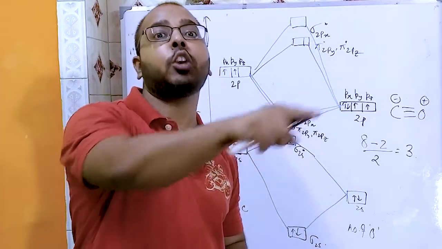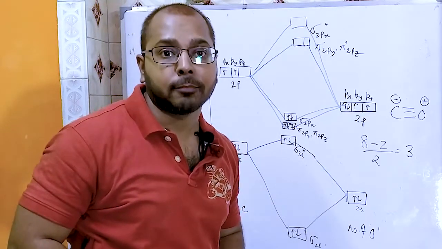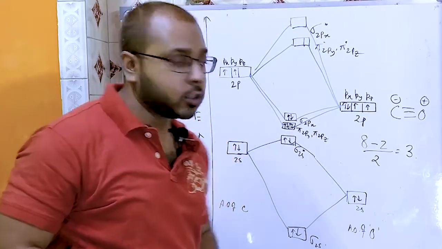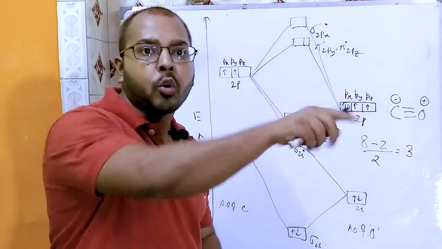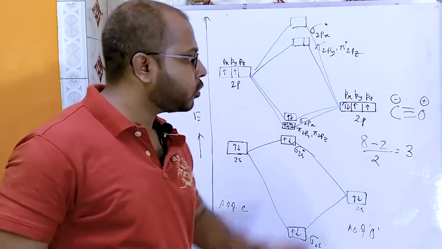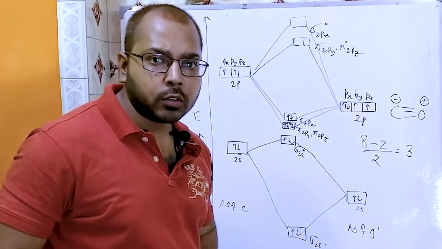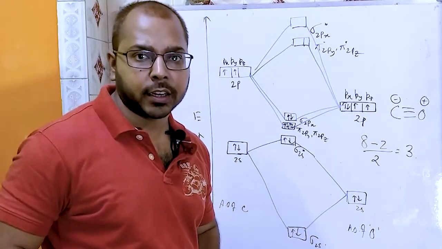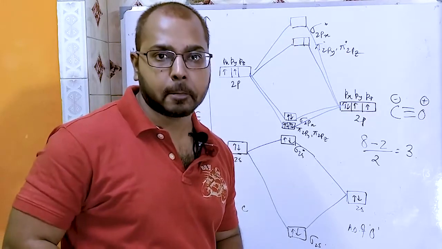You have that ability to pair the electrons of the central metal atom. So this is related to coordination chemistry also. Bond order, magnetic nature, all these are clear to you. So CO is completed. If you have any question, then let me know in the comment section.